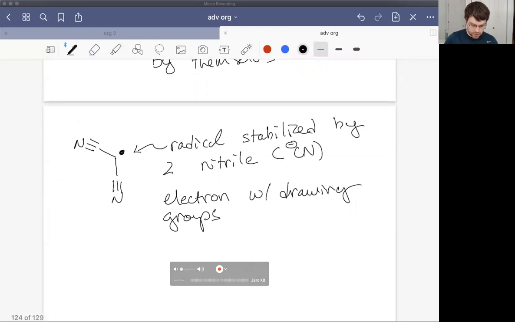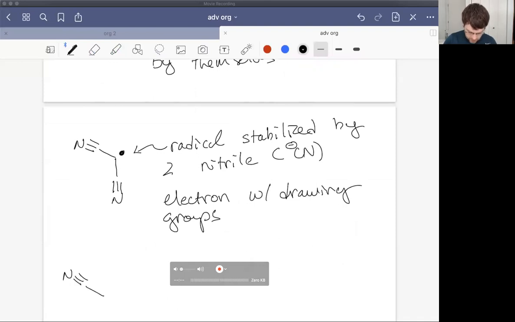But if we introduce an additional substituent, now I realize I'm adding a substituent, but what you get is if you introduce an electron donating group in addition to these two electron withdrawing groups, I'm going to put a nitrogen here with its lone pair of electrons next to that free radical.